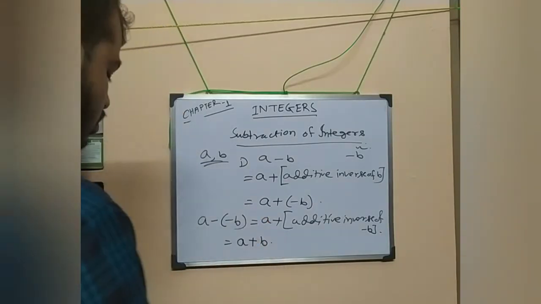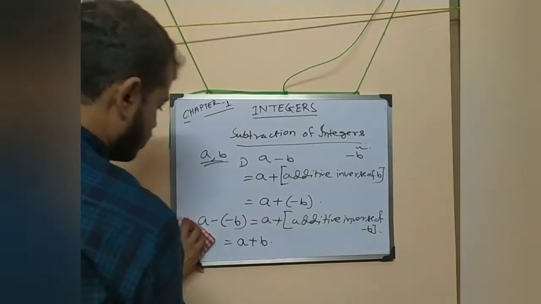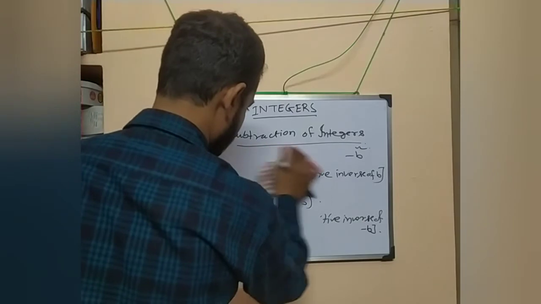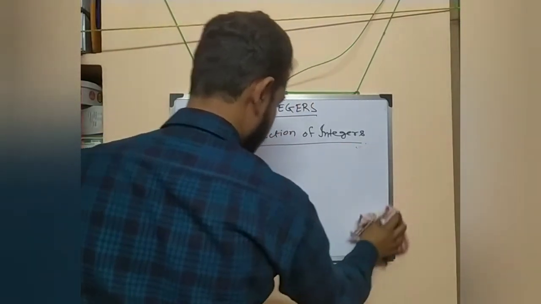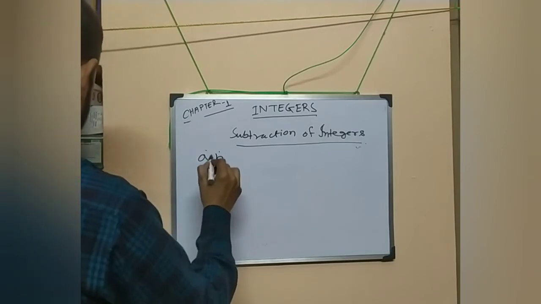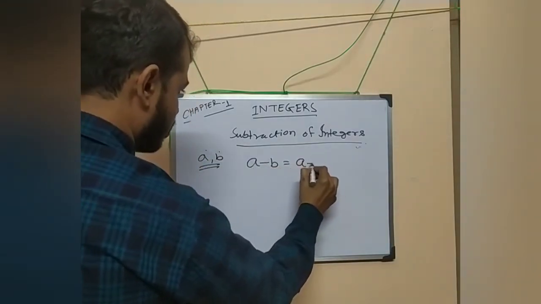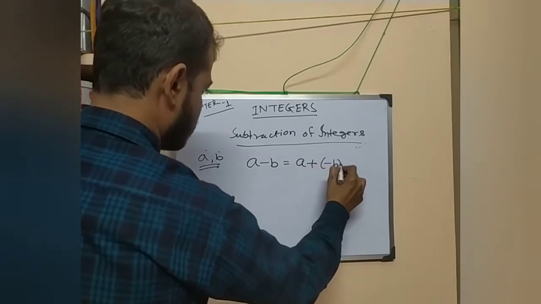Okay, so here we have two important rules: for any two integers a and b, a minus b equals a plus minus b.